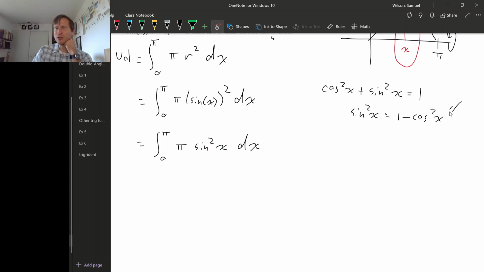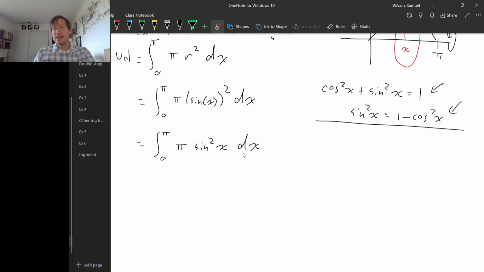So this is true, but if we replaced our sine squared in our integral with 1 minus cosine squared, we're just turning a sine squared into a cosine squared, and we don't know the integral of cosine squared any more than we know the integral of sine squared. So using this Pythagorean identity, it's not wrong, but it's not helpful either. So let's keep looking for different ideas.